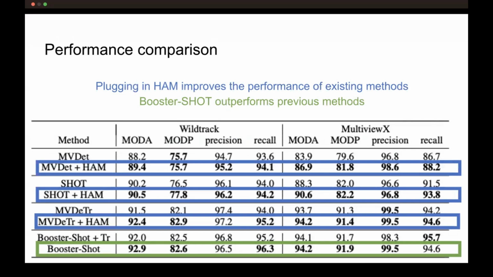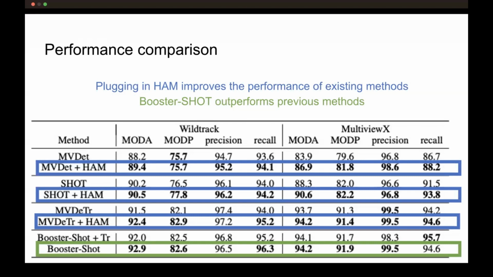I highlighted in blue the results of our method, Homography Attention Module, applied to previous methods, such as MVDet, SHOT, and MVDetR. You can see that overall, we achieved state-of-the-art performance. And also, I'd like to introduce Booster Shot.